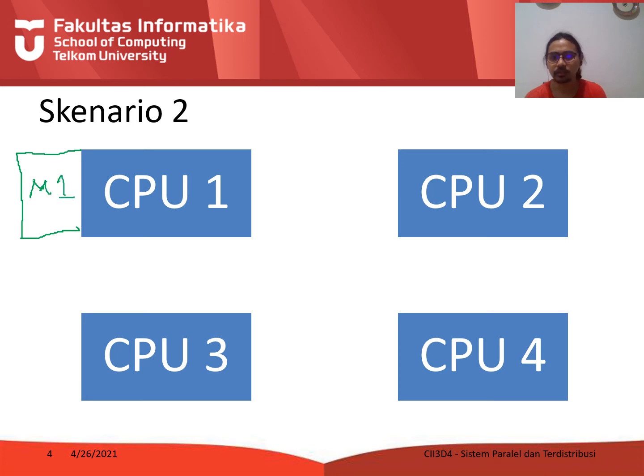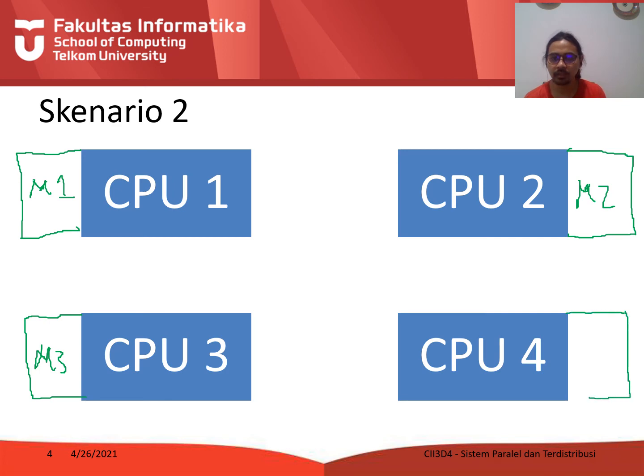CPU2 also has its own memory, let's call it M2. CPU3 has its own memory too, let's call it M3. And lastly, we have CPU4 that has memory 4.